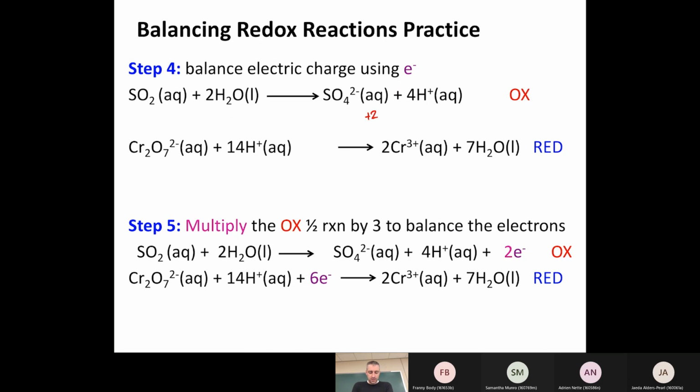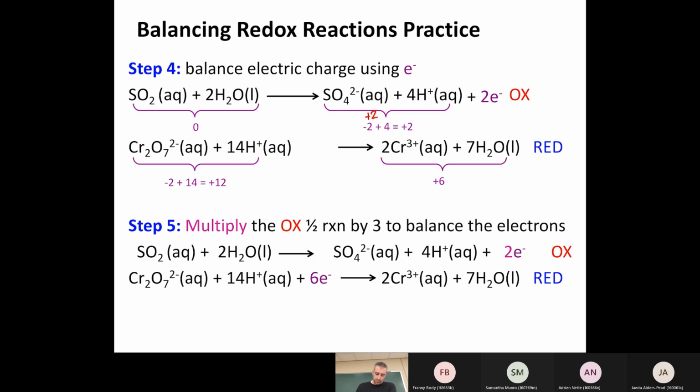So to balance the 2 sides here, we need to add 2 electrons to the right side. The next one down, if you add up all the charges on the left, you get +12, 14 plus, -2. And on the right, you have +6, 2 times 3 plus, which means we need 6 electrons to put on the left-hand side to balance the charge in that half reaction.